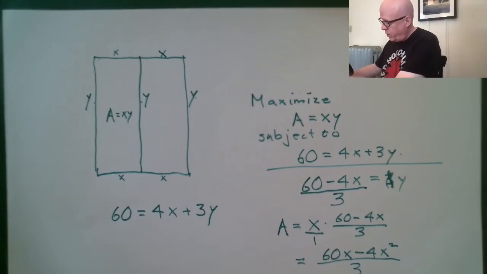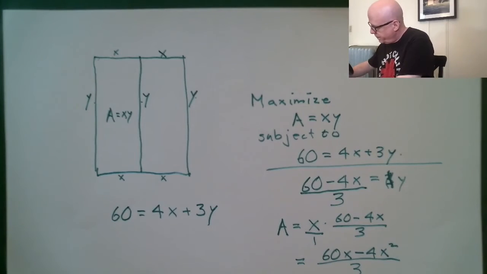And that you don't want to do, because that's not a function in the bottom of the fraction. That's just a number. So you might pull the over 3 out as a 1/3 up front, and then 60x minus 4x squared is the real meat of the area function. All right, so what's A prime going to be?